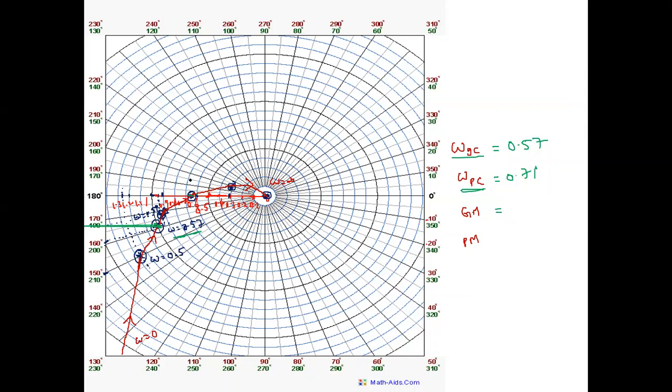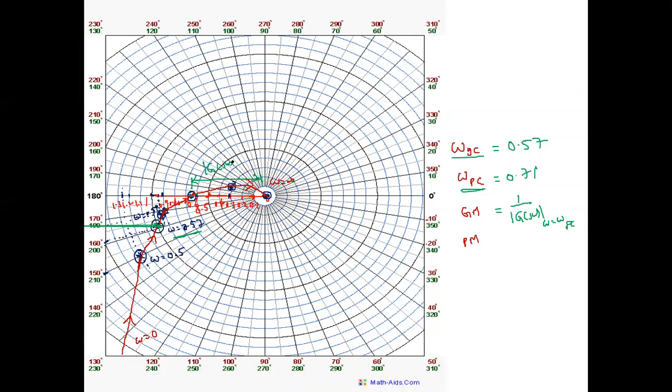How to calculate the gain margin? The gain margin is 1 by mod G of j omega at omega equal to omega PC. That means the magnitude at omega PC, the length from 0 to this point, that is the radius.